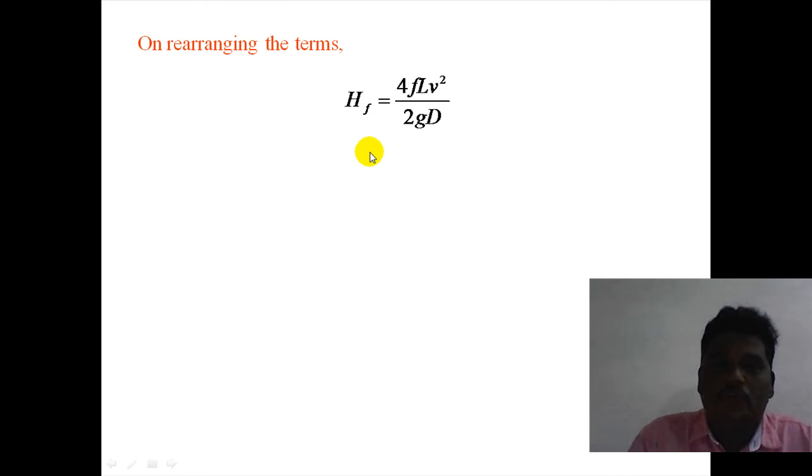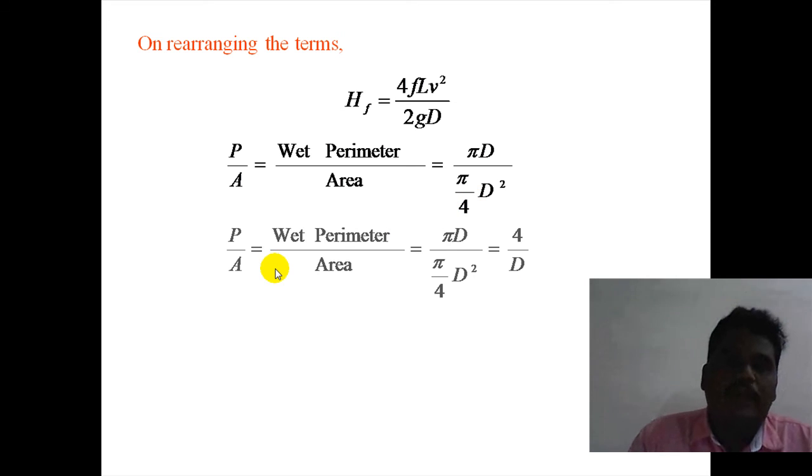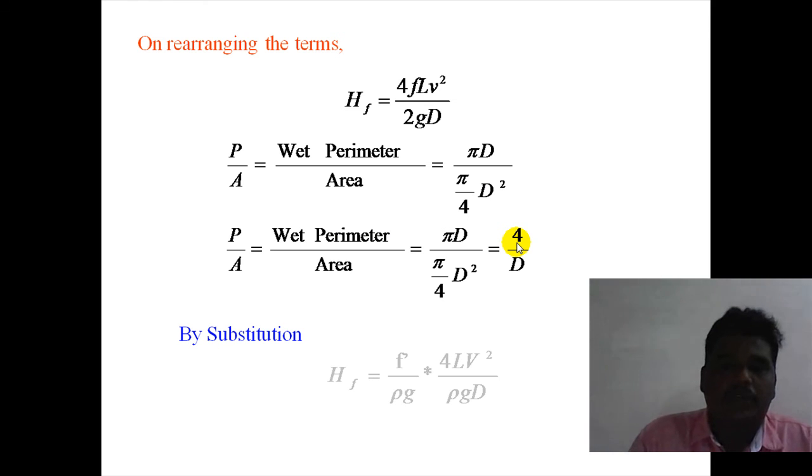P by A is the wetted perimeter divided by area, that is pi d divided by pi by 4 d square. By cancellation, we get P by A is equal to 4 by d. Now by substitution, we get HF is equal to F dash by rho g times 4 L V square by d.